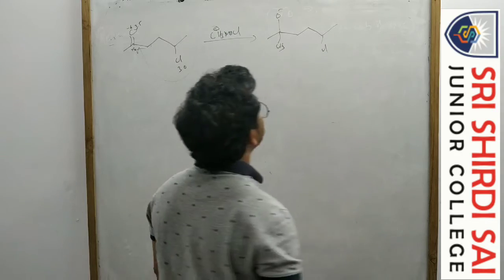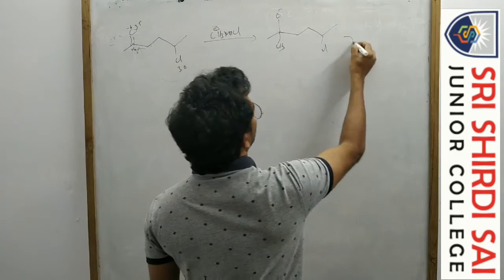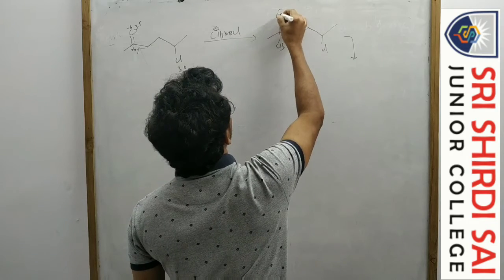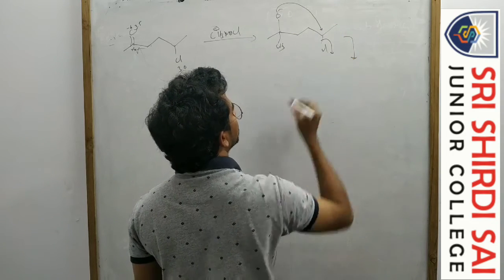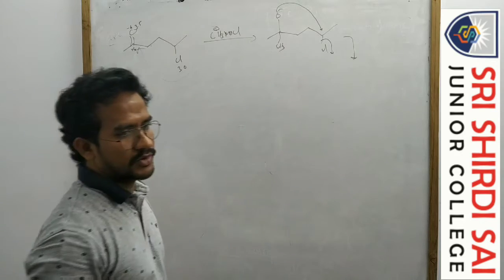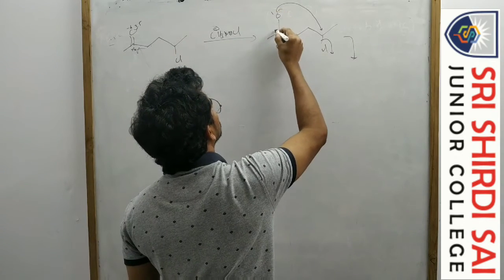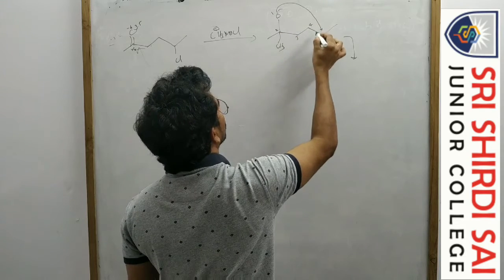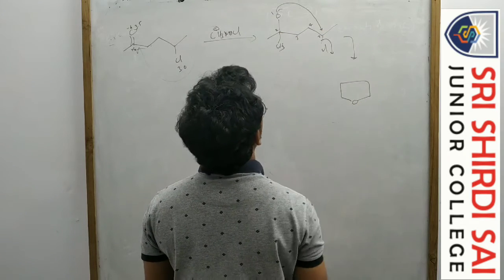Now in this case, O minus is the nucleophile. This nucleophile attacks this carbon, leaving out Cl minus, and we get the cyclic product. What is the size of the cyclic product? 1, 2, 3, 4, 5. So a 5-membered ring with an oxygen atom.